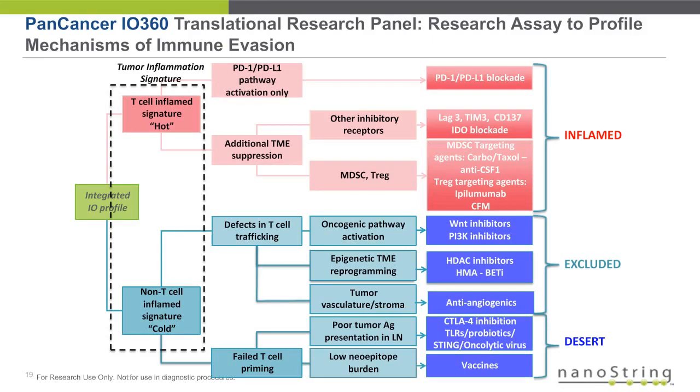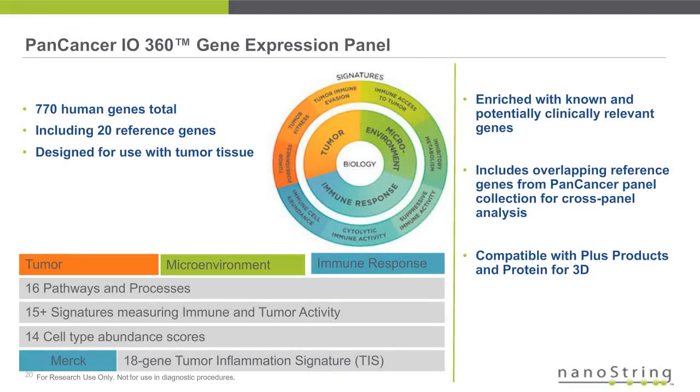And so the way that this assay works is that it provides 800 gene expression profiles of patient samples, in these cases pretreatment tumor biopsies, and we have incorporated on top of these a series of signatures, including our tumor inflammation signature, that can help dissect the immune pathways that are present within this particular sample, and then ultimately, be able to link those pathways back to particular therapies, which will induce positive clinical outcomes for those patients.